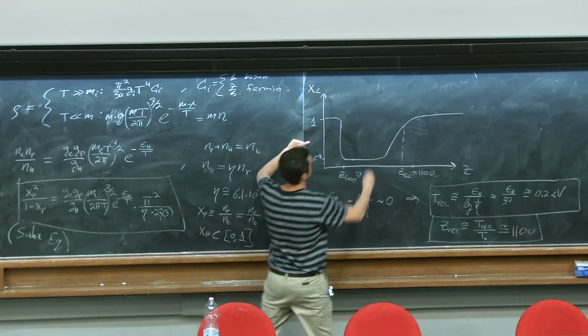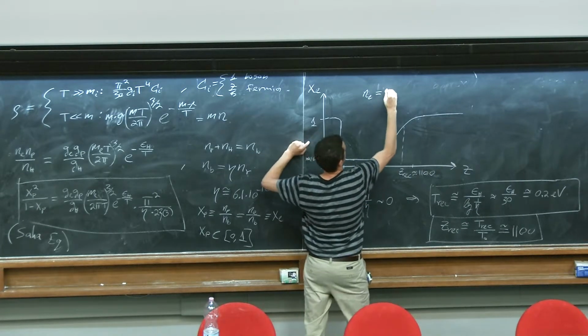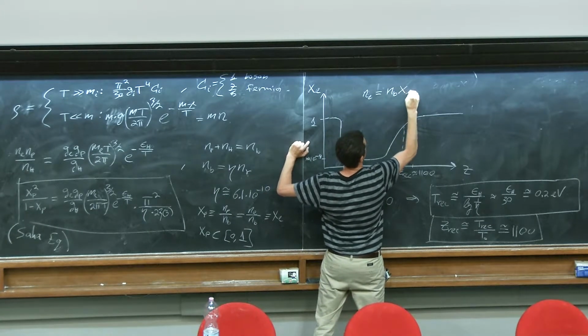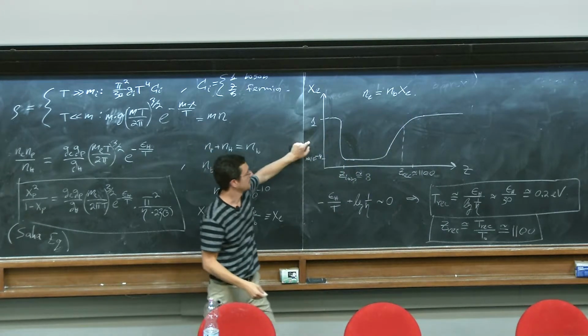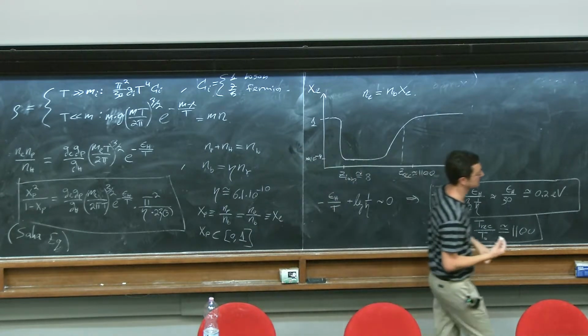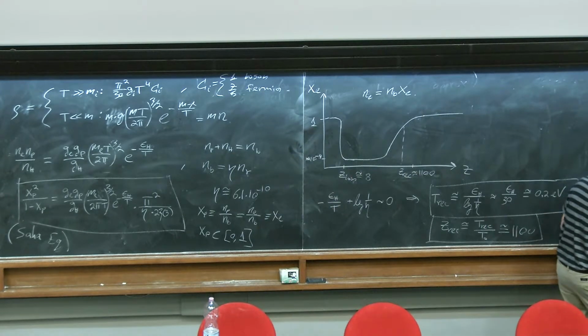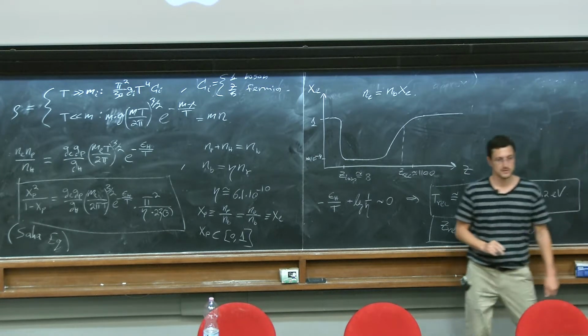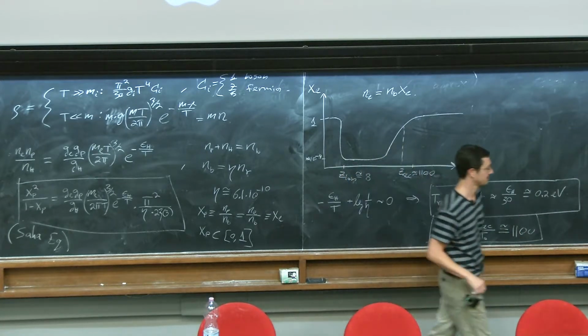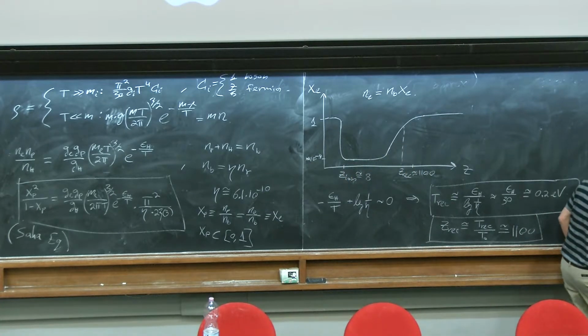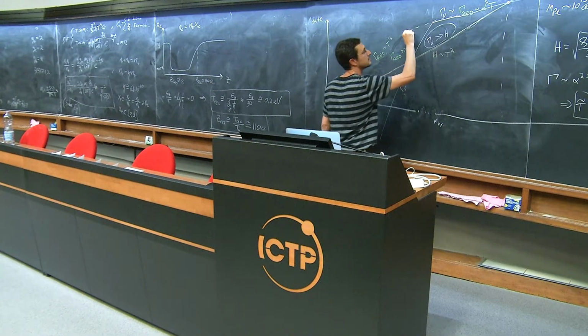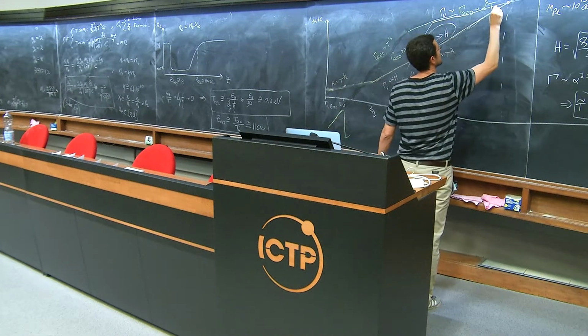Because NE, remember that the free electron function is NB times XE, as I defined it. And our XE is 10 to the minus 4 smaller than what we thought. So the QED rate goes up, as we said, but then very early on, at redshift of order 8, this poor thing drops back to almost nothing, by 4 orders of magnitude, and stays down. Okay? And then it starts to climb, but we don't care. So we have to modify this calculation, and now we have all the tools. Okay, here there is no problem.